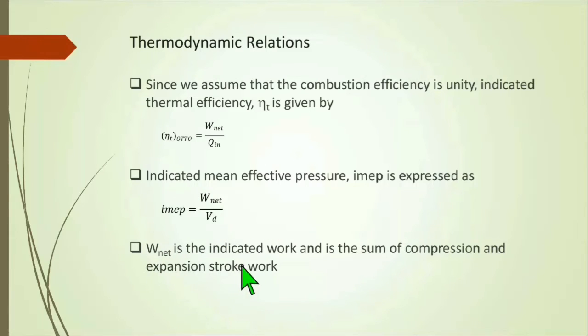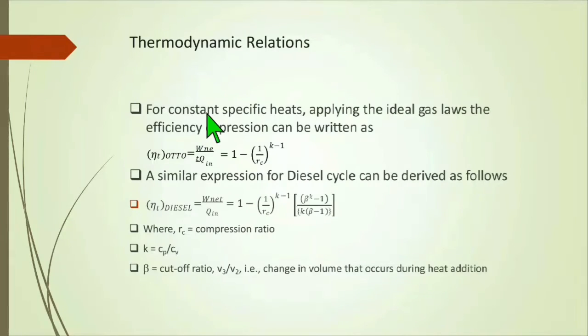W net is the indicated work and is the sum of compression and expansion stroke work. For constant specific heats, applying the ideal gas law, the efficiency expression can be written as eta T Otto is equal to W net by Q in is equal to 1 minus 1 by RC power K minus 1.